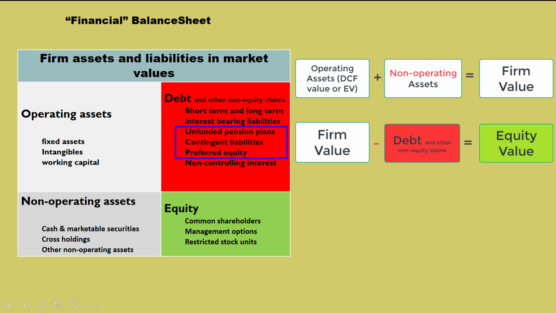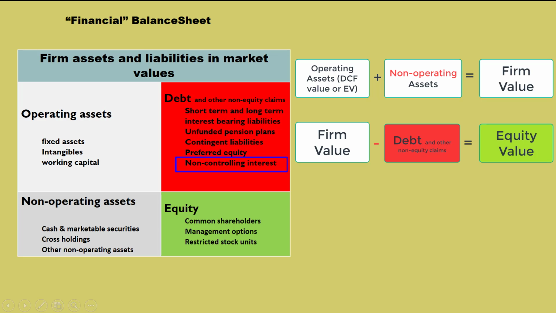Other common items that need to be deducted to get to the equity value is the value of non-controlling or minority interest. The item non-controlling interest is created on the liability side of the consolidated balance sheet if the company owns a majority stake but does not fully own another company.